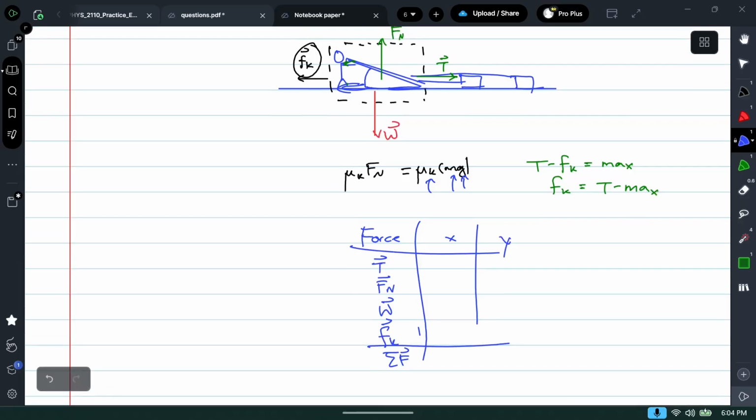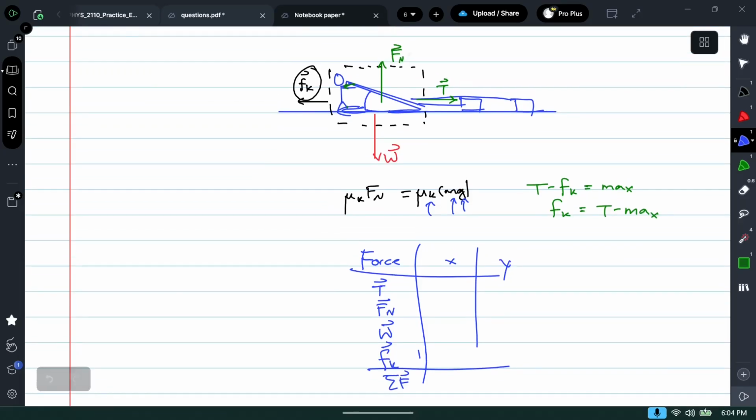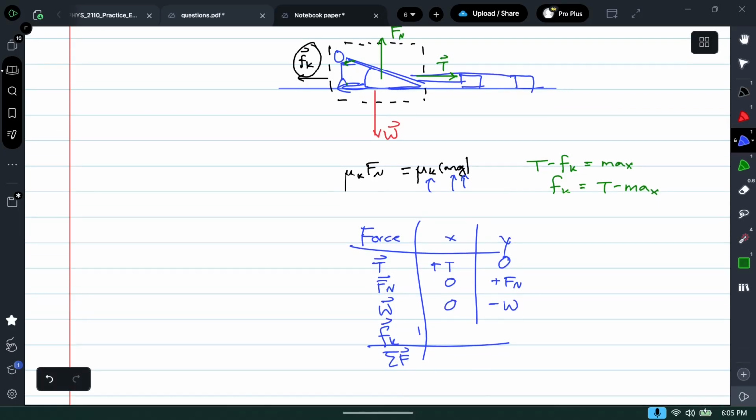Tension is to the right, so positive x, if I'm deciding that the right is the positive direction, and doesn't point up. Normal force is up, doesn't point to the right. Weight is down, doesn't point left or right. Kinetic friction is to the left, doesn't point up or down.